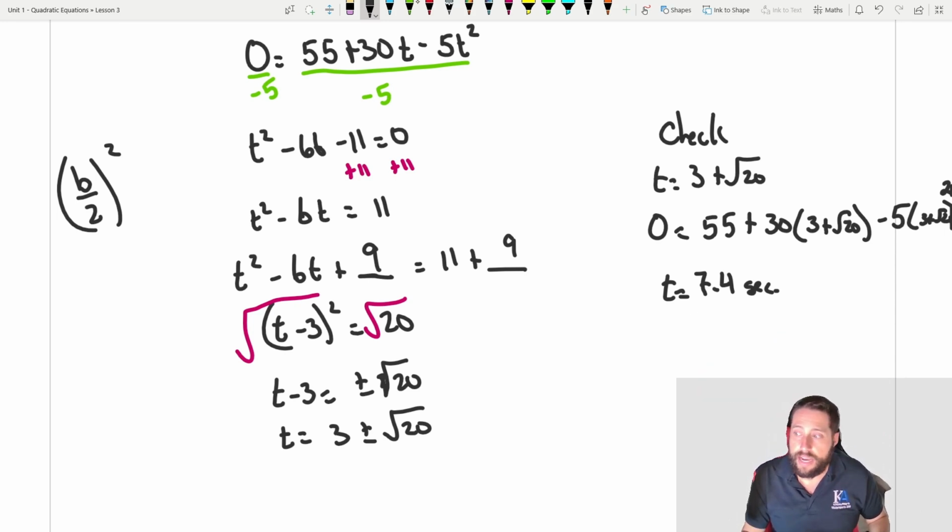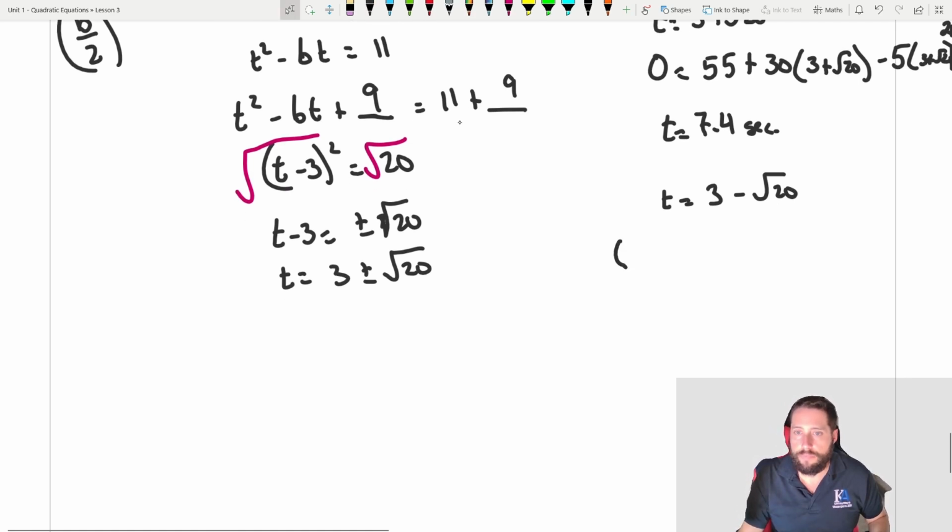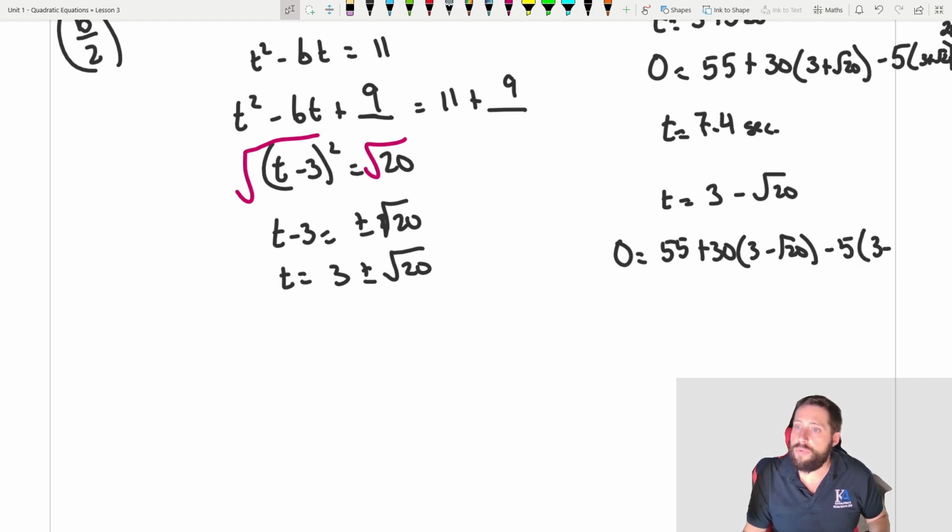And if you check the second one, so if we check t is equal to 3 minus the root of 20, again, you substitute the value in. 0 is equal to 55 plus 30 times 3 minus the root of 20, minus 5 times 3 minus the root of 20, all squared.